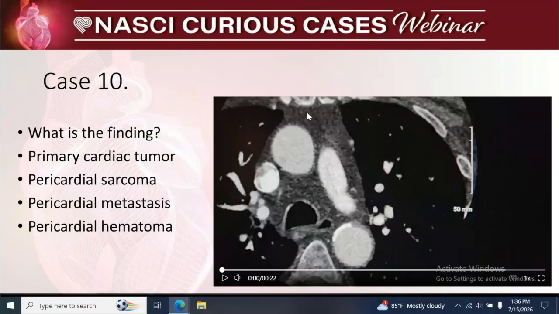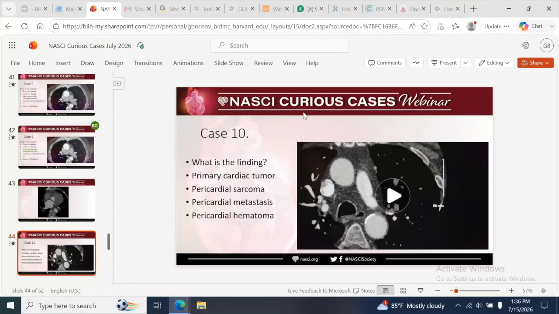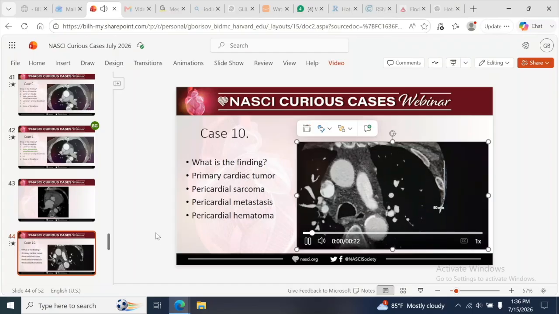The next case, we need to decide if it's a primary cardiac tumor, pericardial sarcoma, pericardial metastasis, or pericardial hematoma. I'm going to show you the video.